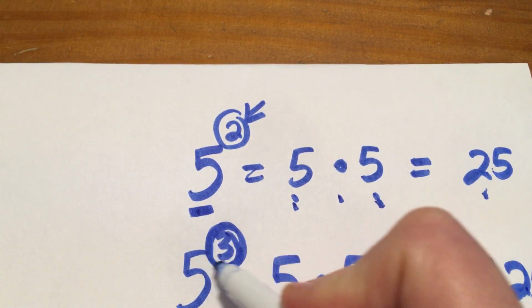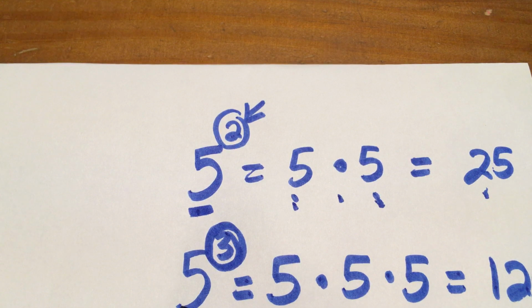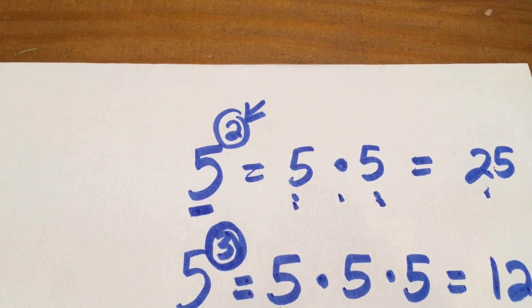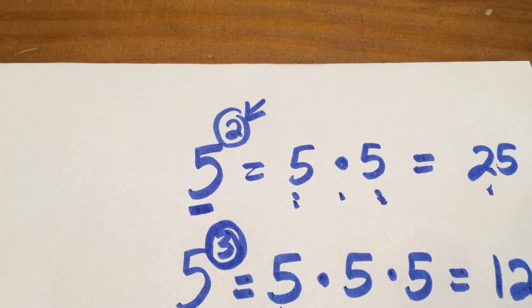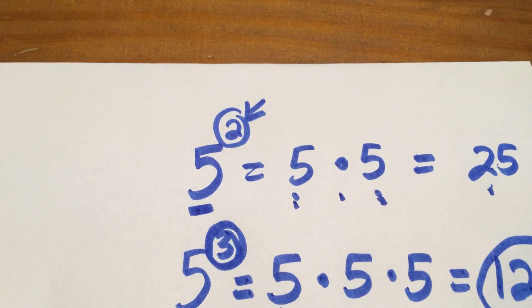So again, the exponent tells you how many times to multiply the big number, 5 times 5 times 5. Notice it is not, let me repeat, it is not 5 times 3. That gives me 15, a much different answer than 125. That would be wrong.